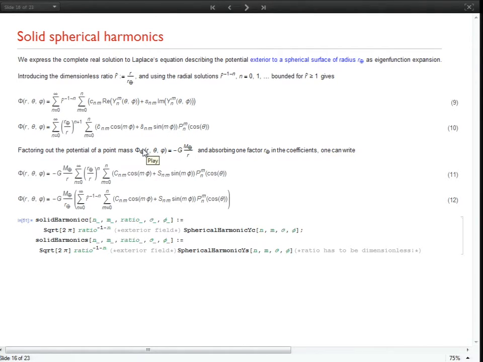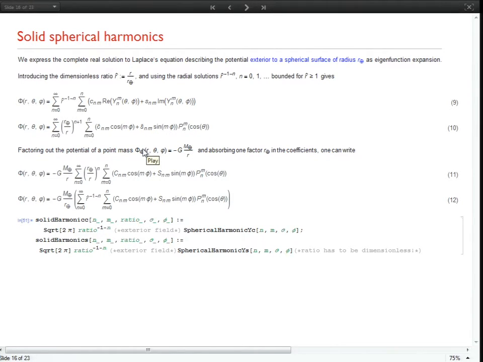Then you can do various algebraic manipulations, and we want to factor out the potential of a point mass, in this case the Earth: minus G times M Earth divided by r. Put that in front, and then we end up with this representation of our spherical harmonics, which I have used for the subsequent calculations.